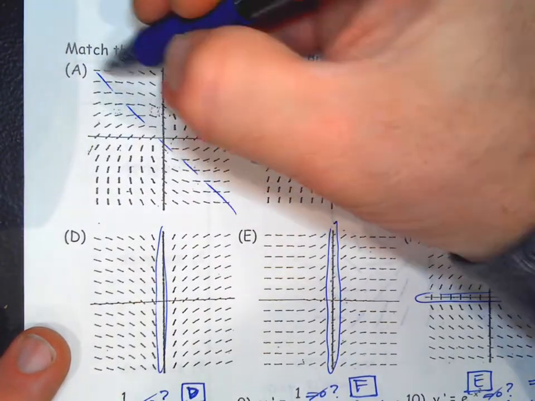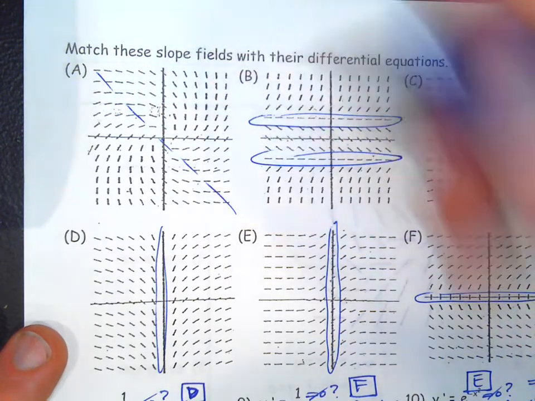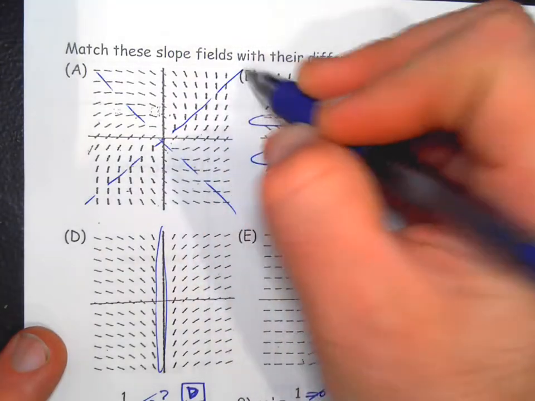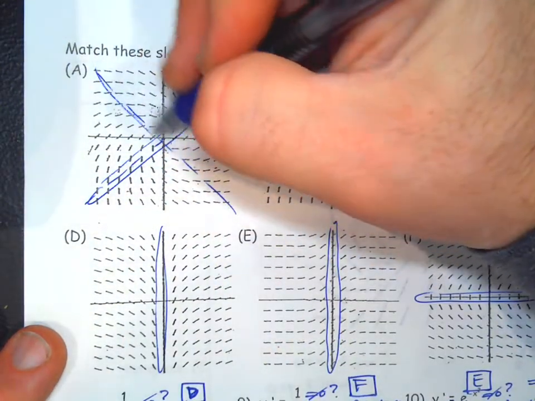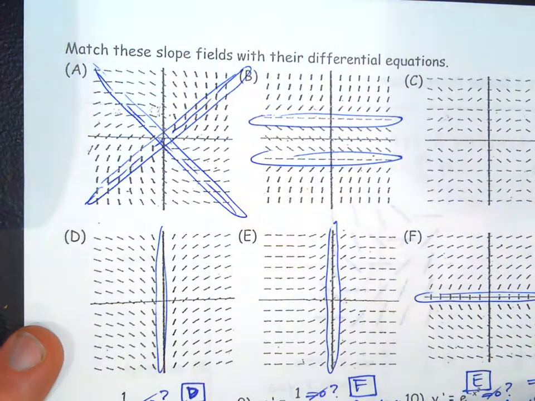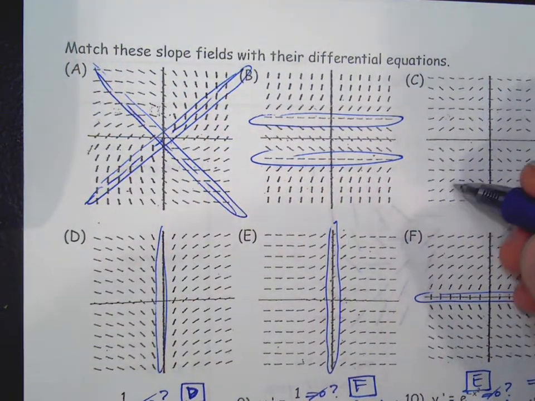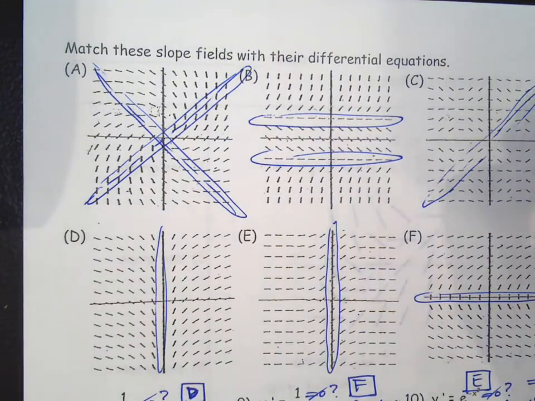Do they look like 0 slopes along this line? It looks like maybe. And then undefined slopes along y equals x kind of looks like it. Those look vertical. These look flat. I mean, looks like A. This one doesn't look like it has 0 slopes. This one's kind of all over the place.